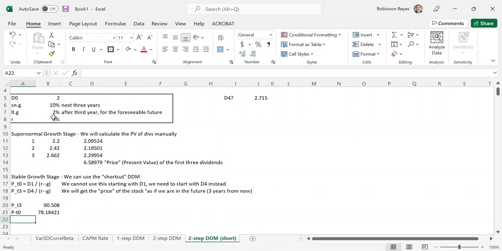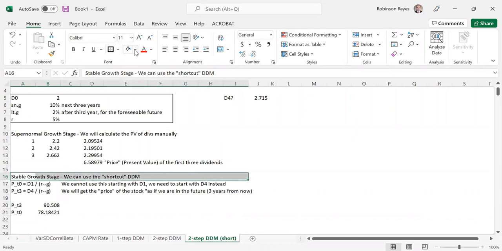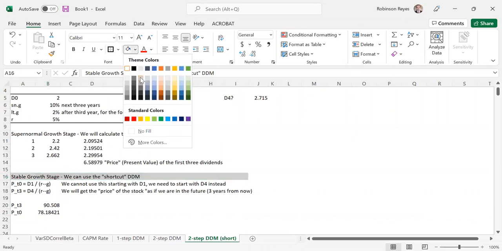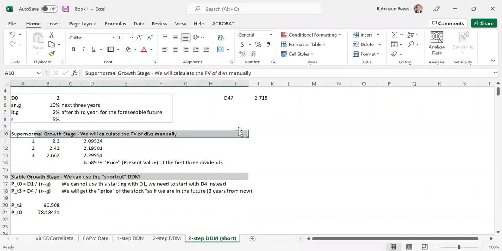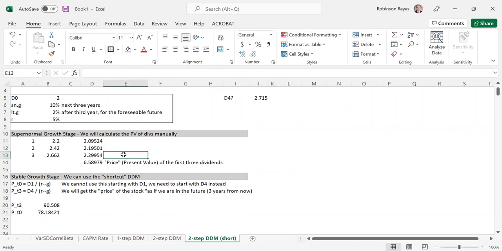So now we have this present value of these dividends occurring in the stable stage, and we also have the price of the dividends that are occurring in the supernormal growth stage.